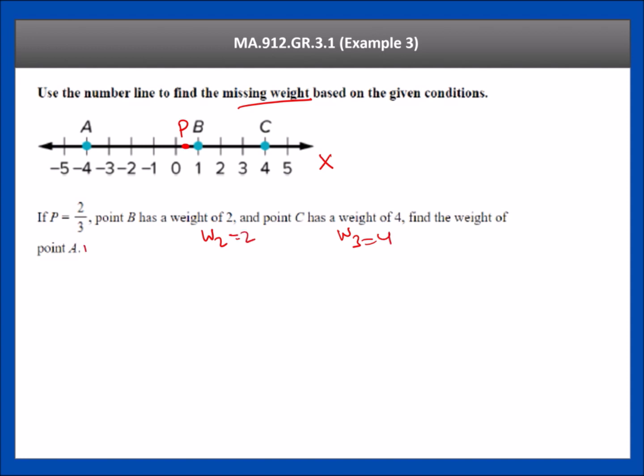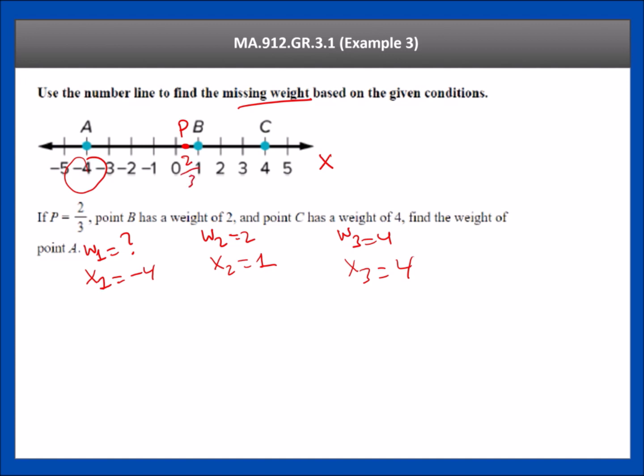And we want to find the weight of A, so W1 equals question mark, right? So we don't know what that is. But we do know the x coordinate of A is -4. We know the x coordinate of B is 1. And the x coordinate of C is 4. And we know the coordinate of P is 2/3, so that's going to help us later.